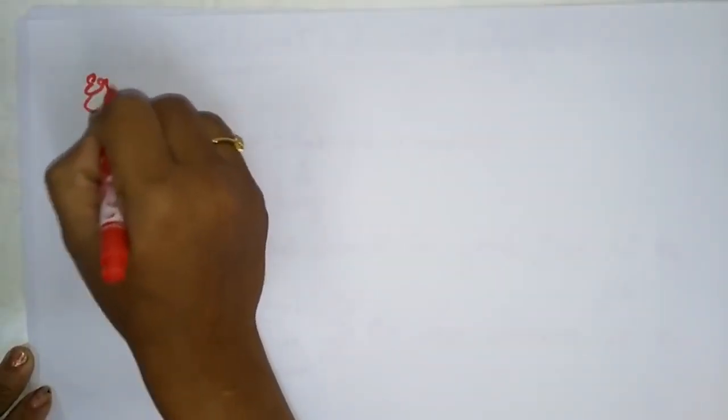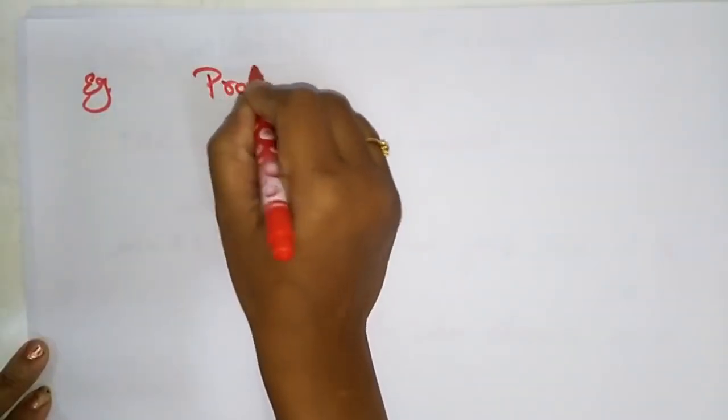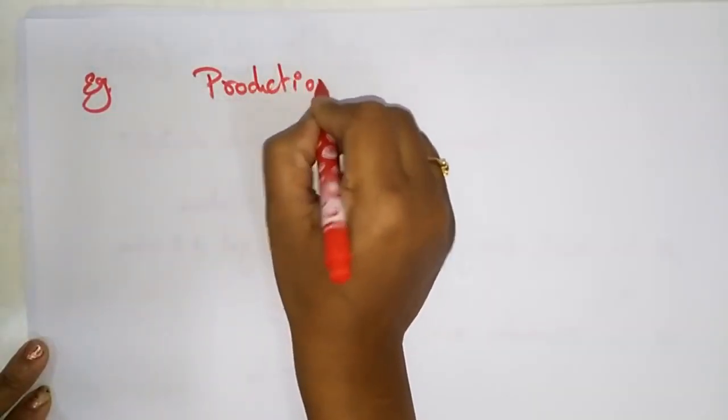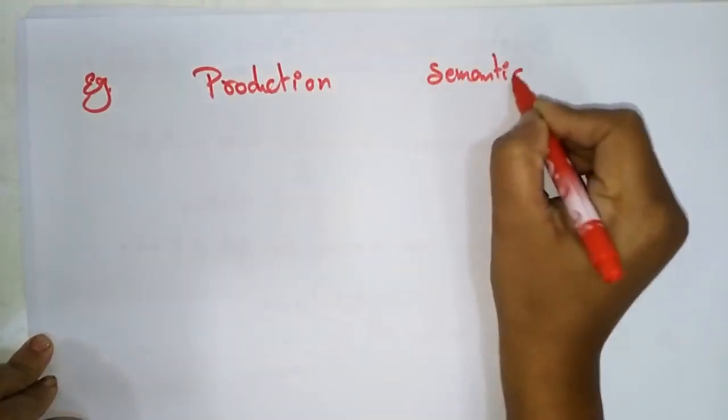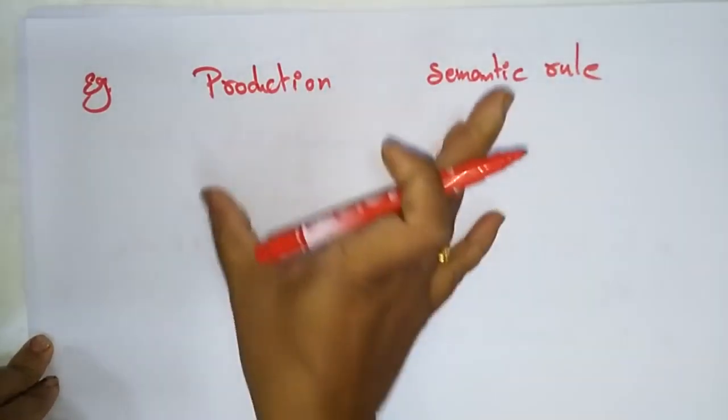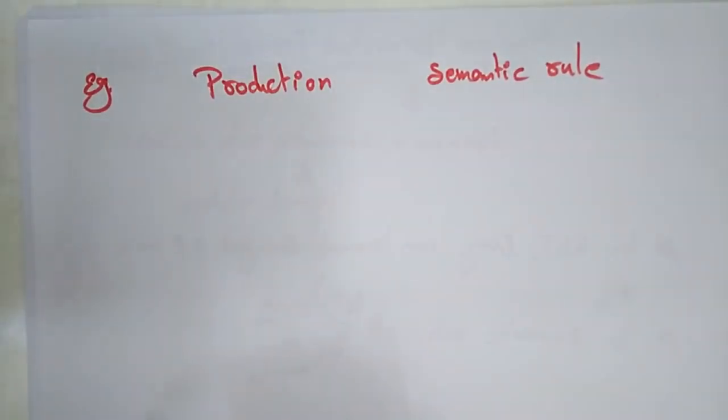What I said: a grammar along with the semantic rules is called a syntax directed translation. So what is that grammar and what are the semantic rules for it? Here are the productions. Production is nothing but the grammar, and combined with the semantic rule for that production, you call it an SDT.